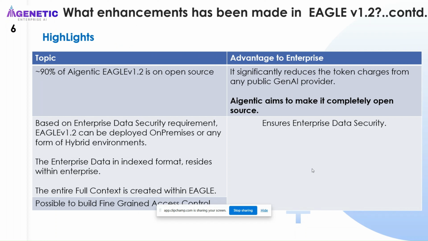And as we have already mentioned in our earlier videos, it's completely configurable. An entire LLM consists of multiple features. We have broken down those features and have used different open source solutions for each one of those features, which are configurable.